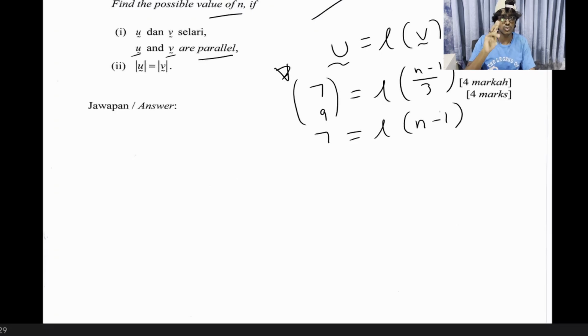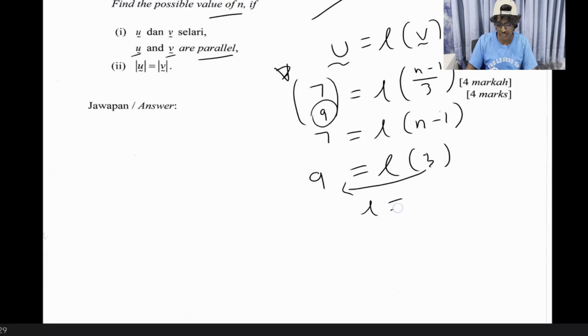Right now there are two unknowns, lambda and n. So we look at the second part: 9 equals lambda times 3. There's only one unknown, so we can find it already. Lambda is 9 over 3, which is 3.